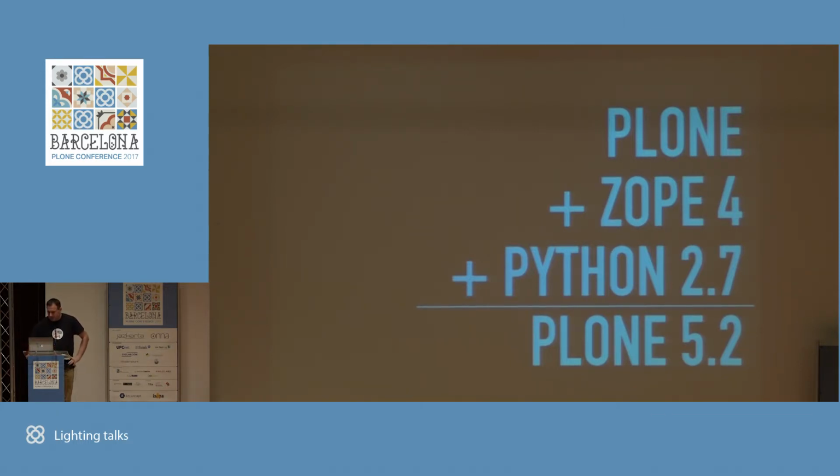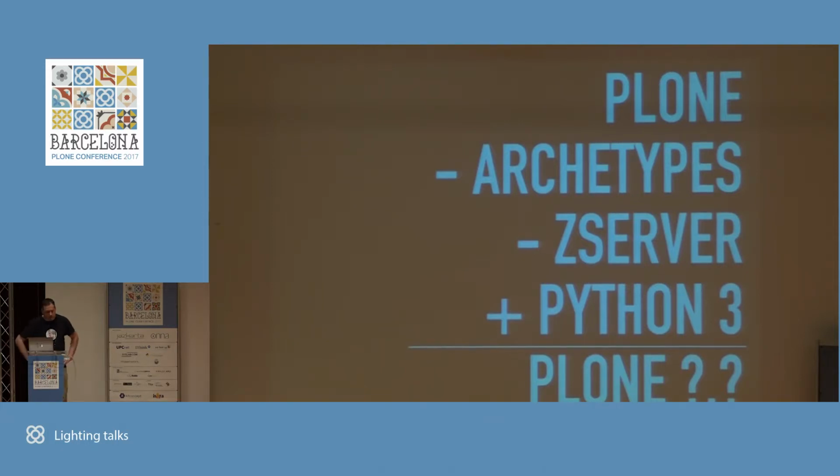And going from there, we will remove Archetypes and that server, which will still be the default in 5.2 with Zope 4. And that means the default will run on WSGI and only WSGI, unless someone wants to port that server to Python 3. Please don't. Which version that will be, I don't know. Let's see.